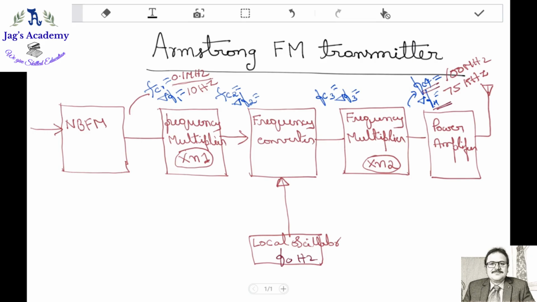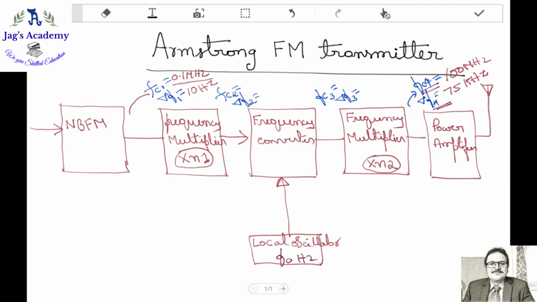Normally, frequency doublers, frequency triplers and frequency quadruplers and so on are available. So based on that, we can factorize N1 and N2.